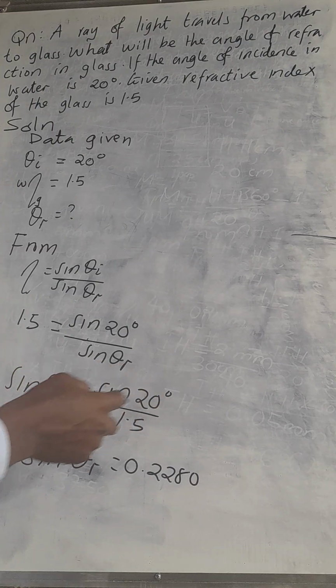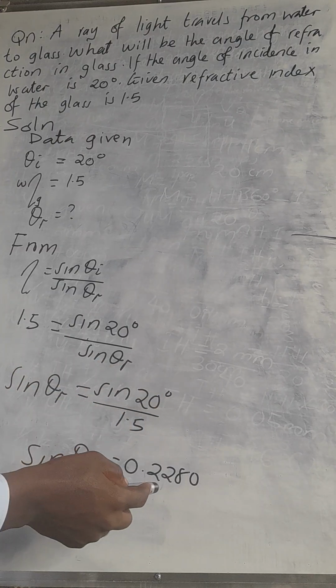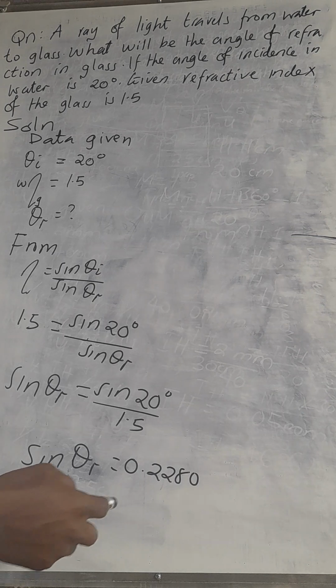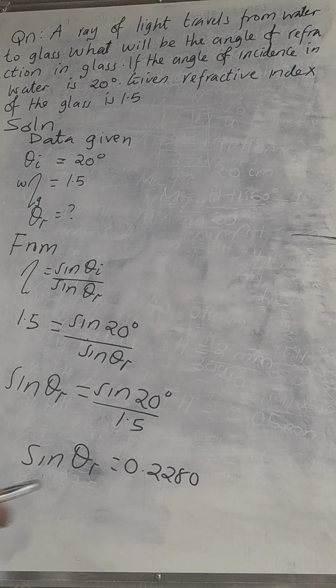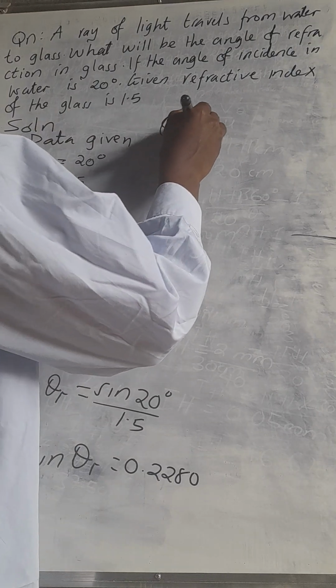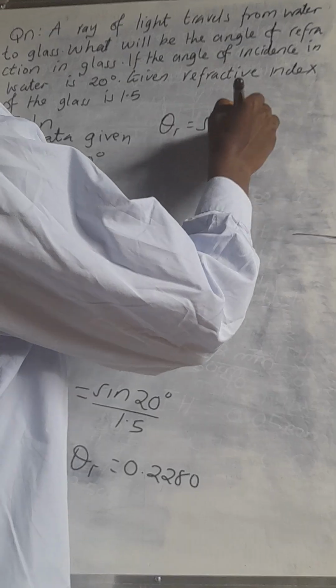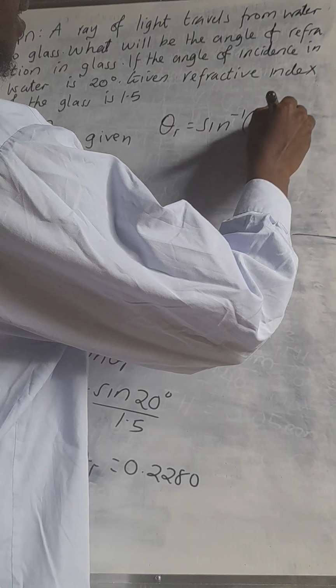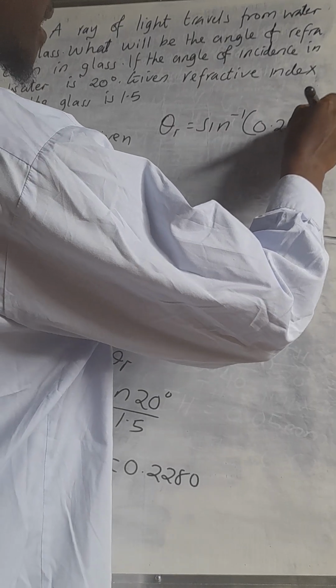Kwa hiyo ukitumia scientific calculator hapa, ukigawanya mwisho wa siku ukihesabu utapata kitu kama hicho, 0.228. We want to find the angle of refraction. Sisi tunataka kutafuta angle of refraction, kwa hiyo lazima tutafute the sine inverse. Now the angle of refraction will be the sine inverse of 0.2280.